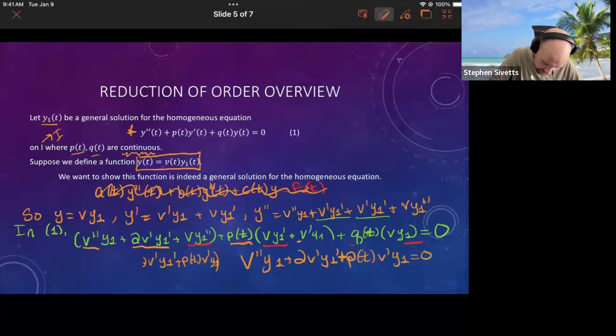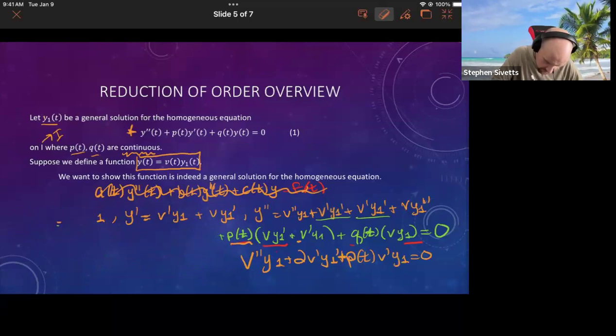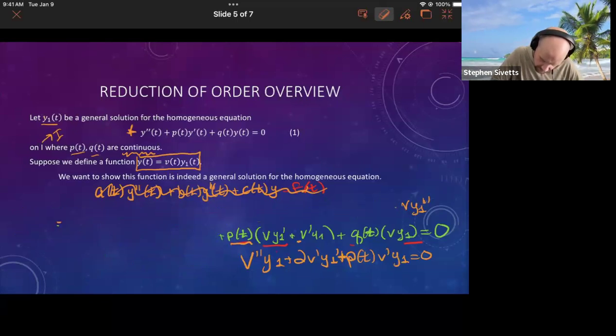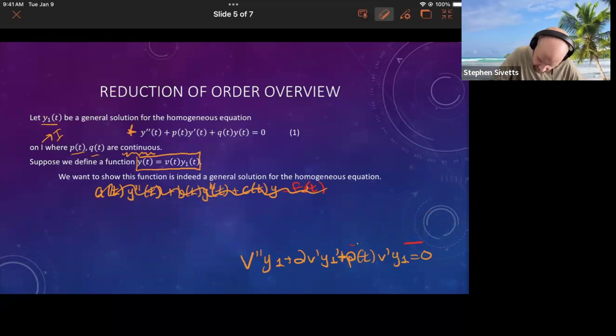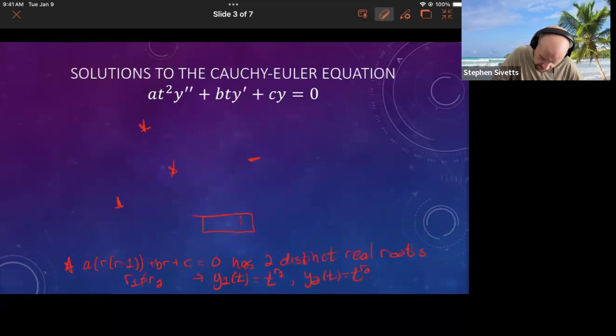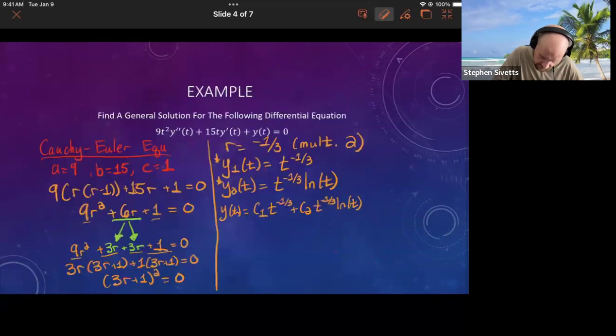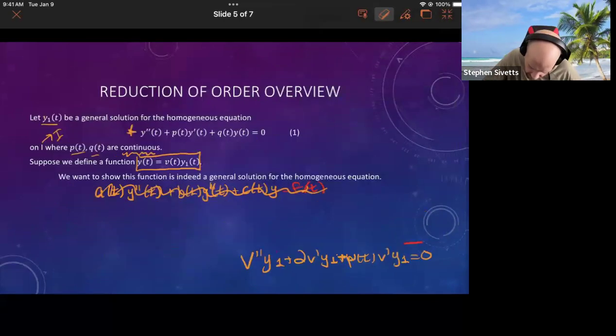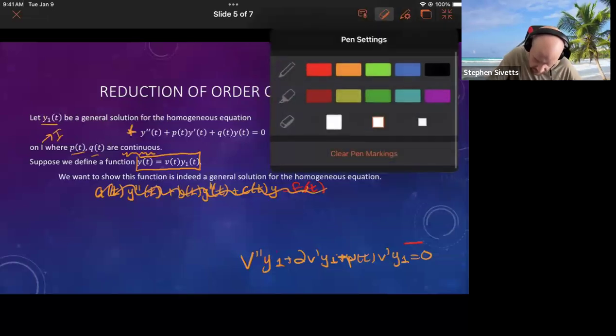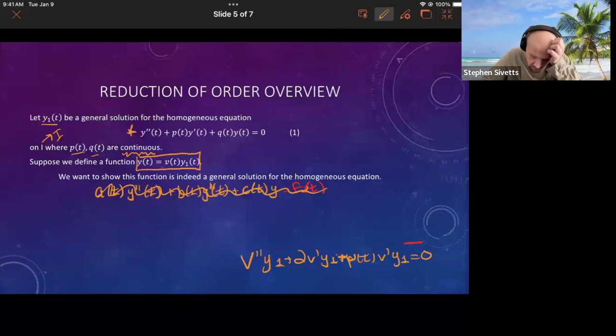So if we have this as our solution, I'm going to get rid of this work here. Now, what we're going to do is apply a substitution.